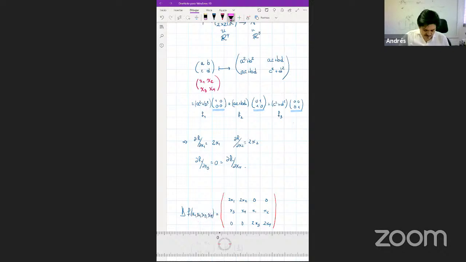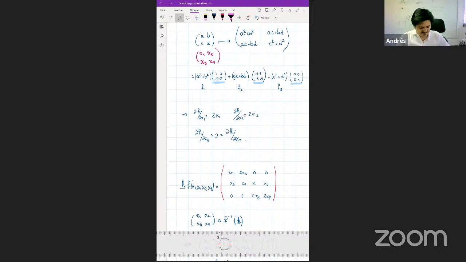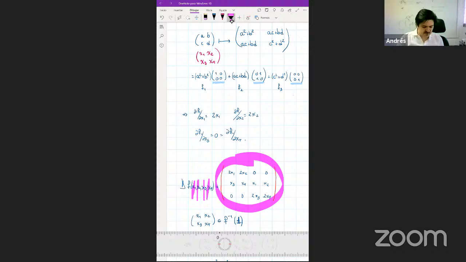Definitely this matrix doesn't always have full rank. I can take X to be the zero matrix, and I have the zero matrix on this side.